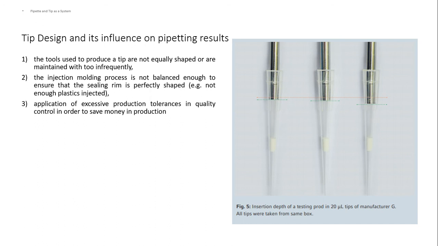It is a basic requirement of a tip to fit tightly on a pipette cone in order to generate an airtight system. The term tip fit applies in two different contexts. Firstly, does the tip physically fit onto the pipette cone? Secondly, does this tip fit provide a tight seal? The physical fit of a tip onto a cone is mainly influenced by the design and shape of its contact zone with the pipette cone.